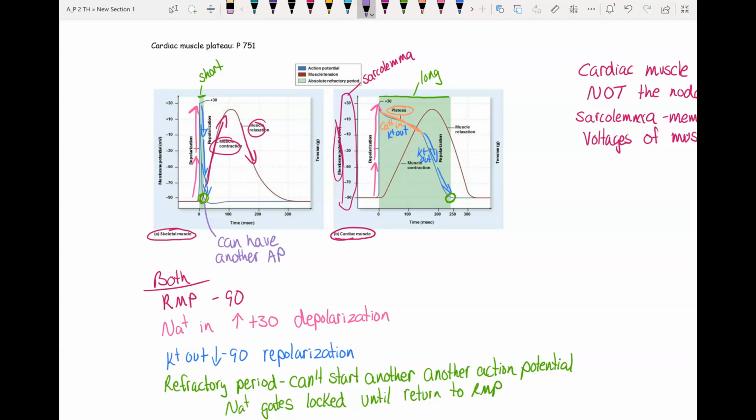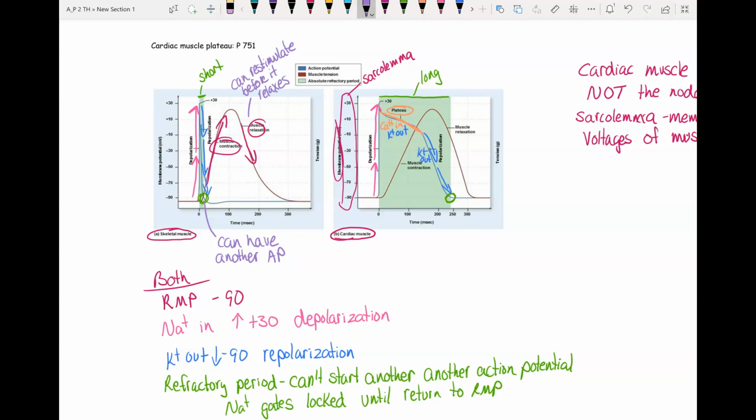Notice here in the skeletal muscle, you can stimulate it again before it has relaxed. So you can re-stimulate before it relaxes. That is how you keep your arm up for a whole minute.